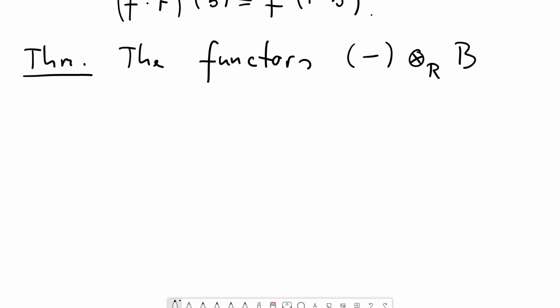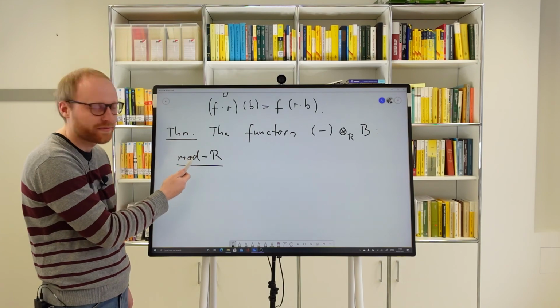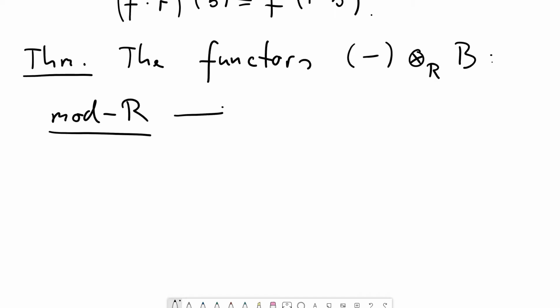So this is a functor going from, now I need a right R module here, so it's going from mod R. I think the notation is suggestive: if the category of left modules was R mod, then of course the category of right modules is mod R. And given such a right R module M, I can plug it in here. I get an abelian group, which by the bimodule structure of B still has a right S action, so I end up in mod S.